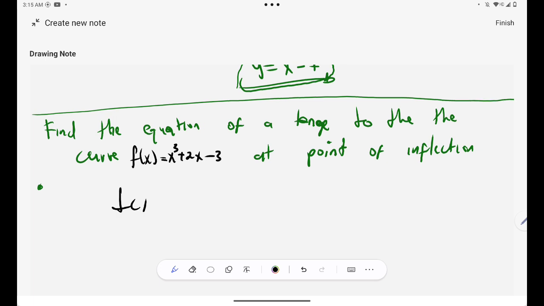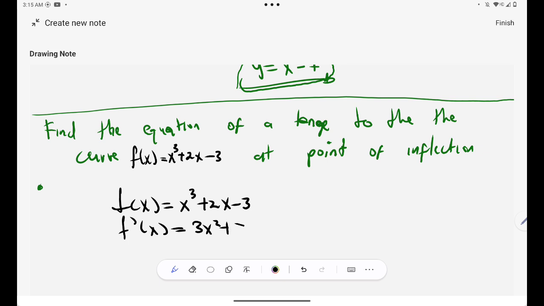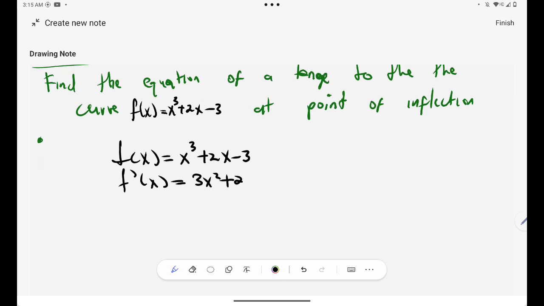Okay, if f of x is equal to x cubed plus 2x minus 3, it simply means that my first derivative will be 3x squared plus 2. Are you together? And my second derivative, please note that for the second derivative I have the double prime there, né? My second derivative is what?